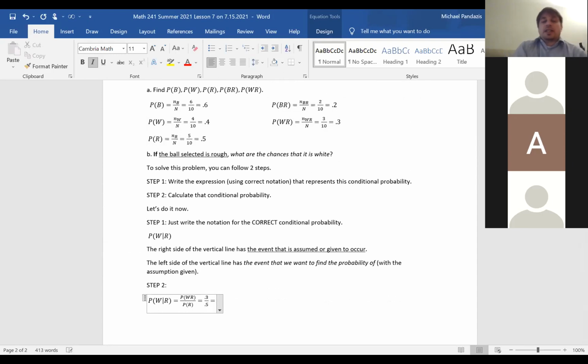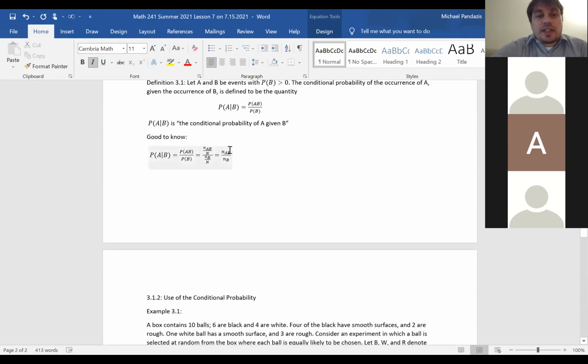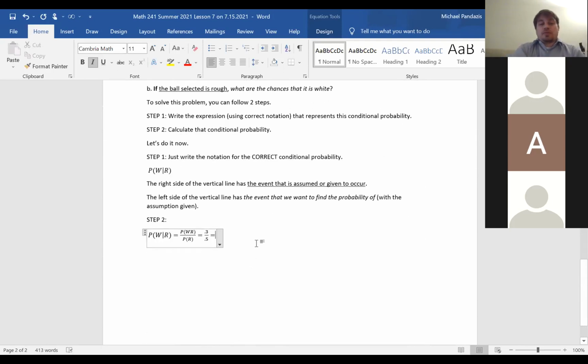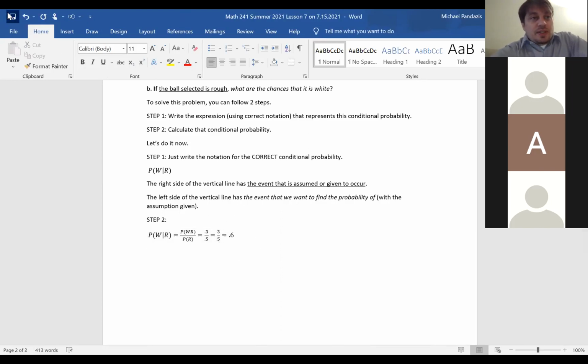If we didn't calculate all these probabilities ahead of time, then you could instead say the number of simple outcomes in A and B divided by the number of simple outcomes in B, and that would give you the same answer. So 0.3 over 0.5 is 3/5, and that's equal to 0.6 because that's 6/10. I didn't have to write this, but I did so that you could see my calculation there.